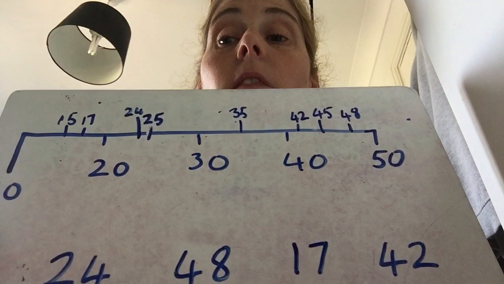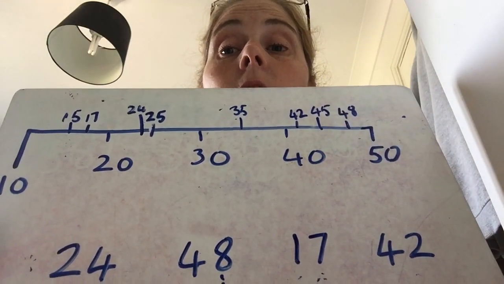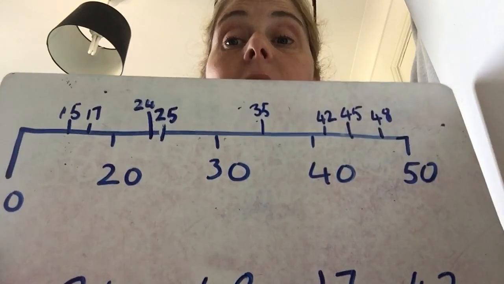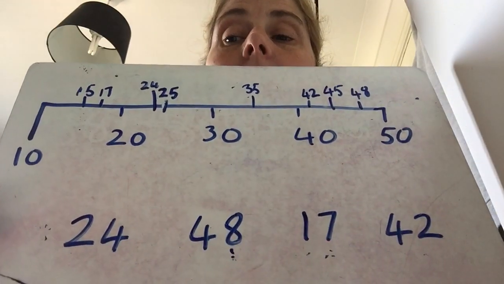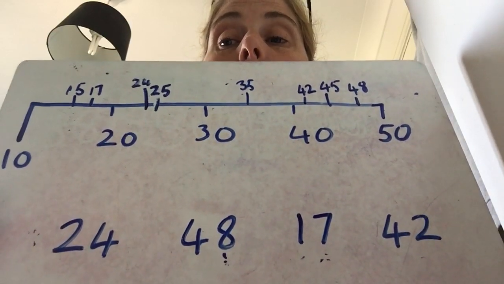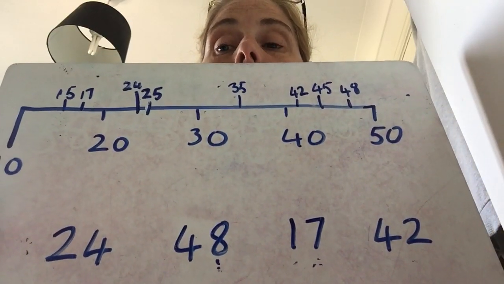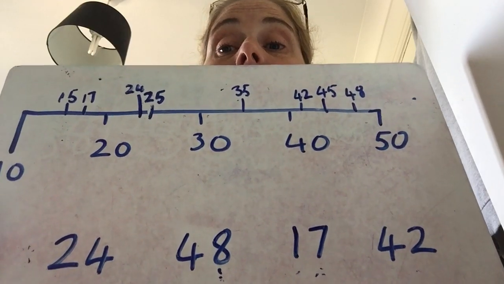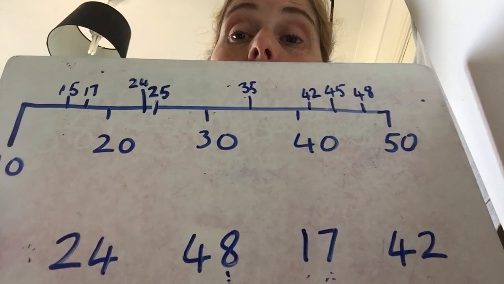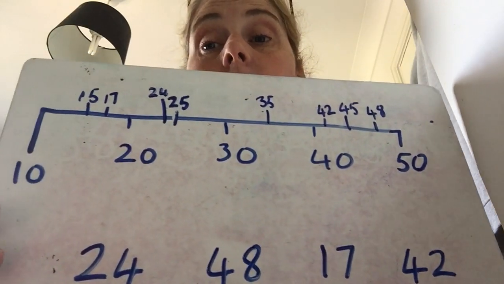Okay, so we have not completely accurately, because it's really tricky to be absolutely accurate, okay, but we have put those 4 numbers onto the number line in the right place, thinking about what we know about how many tens it's got, how many ones it's got.